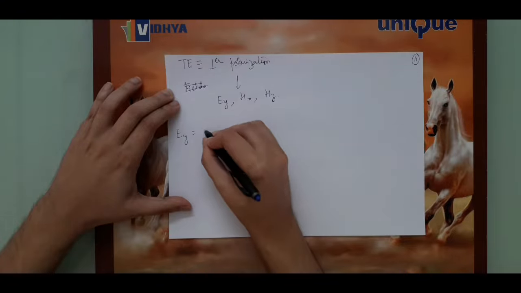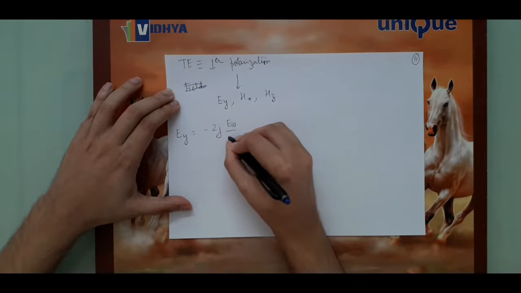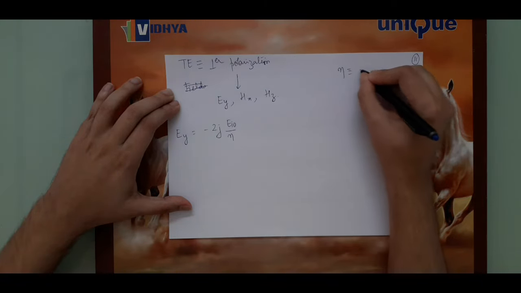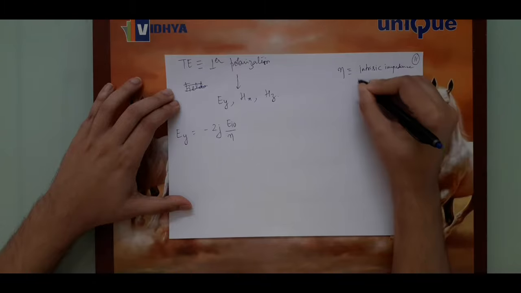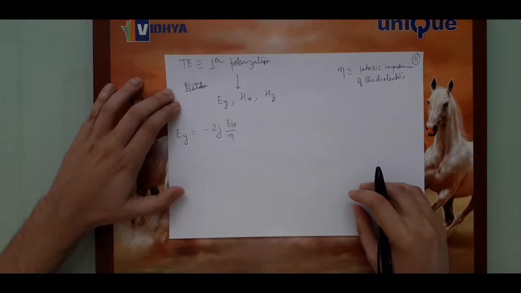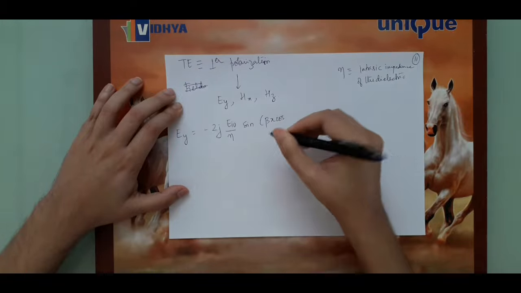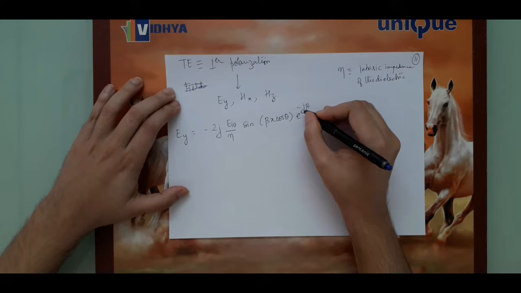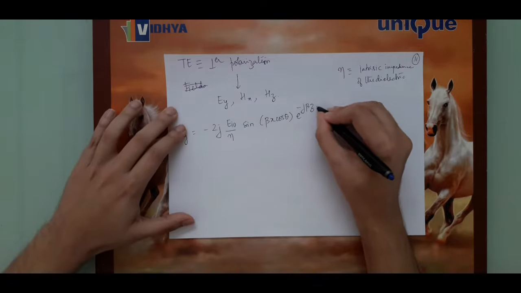So EY is minus 2j Ei0 by eta, where now eta is the impedance or intrinsic impedance of the dielectric, times sine of beta x cos theta times e raised to minus j beta z sine theta.